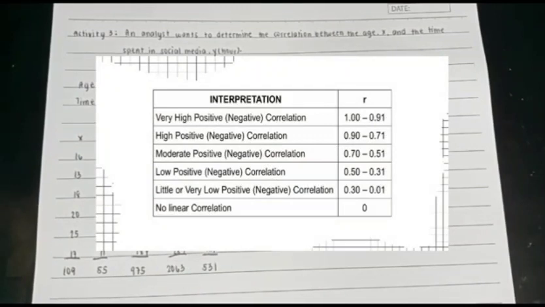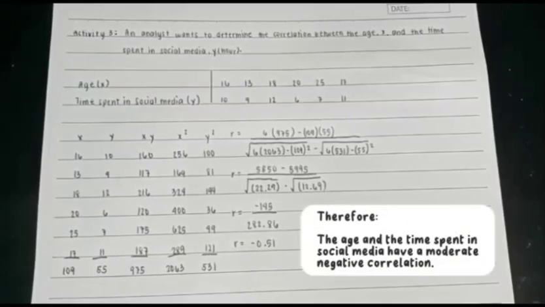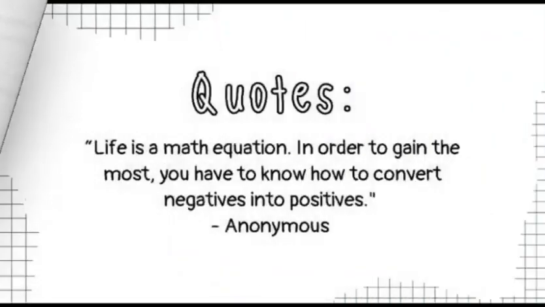And kung titignan natin sa interpretation of correlation, ang negative 0.51 is moderate negative correlation. Therefore, the age and the time spent in social media have a moderate negative correlation.